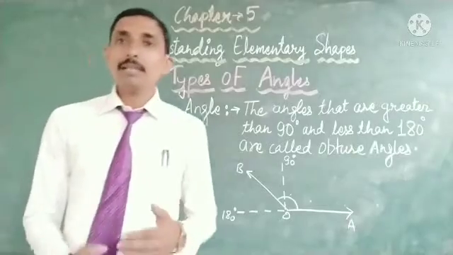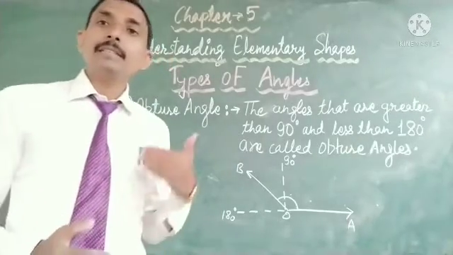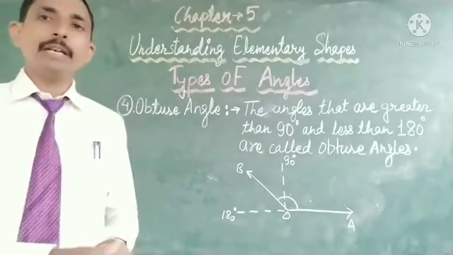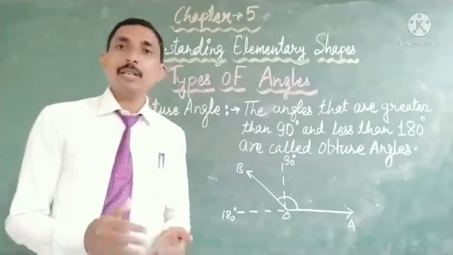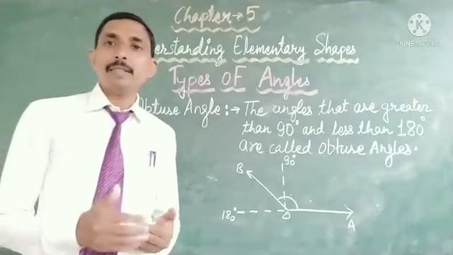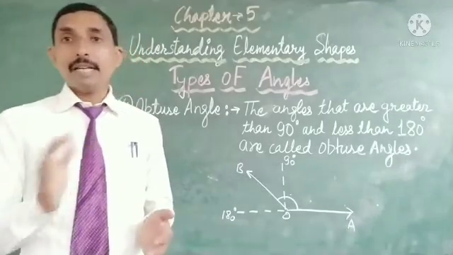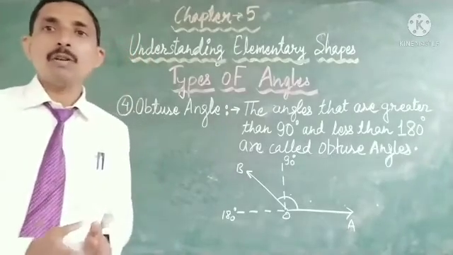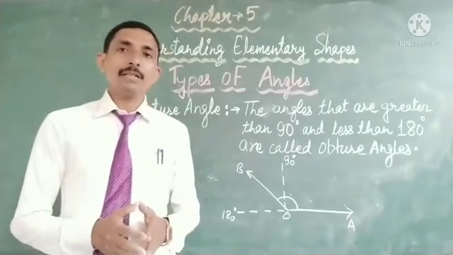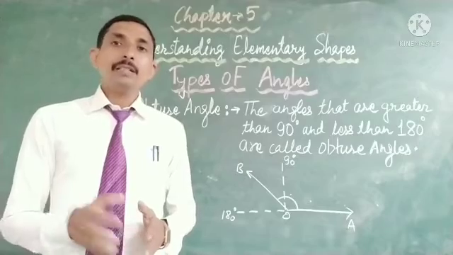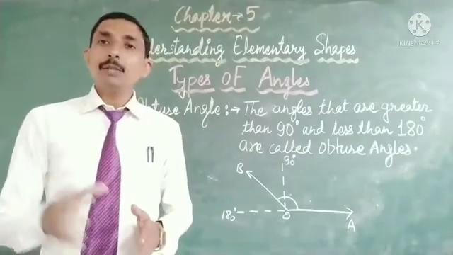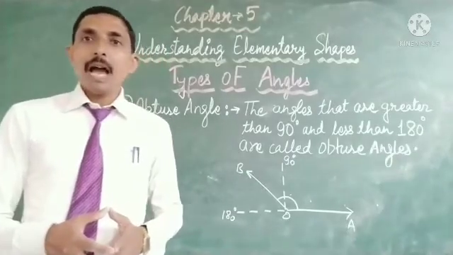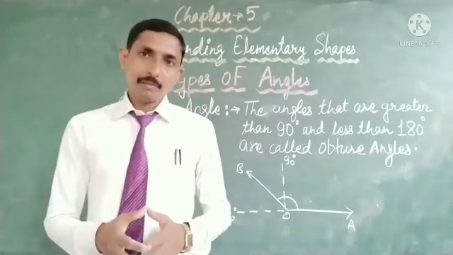Or we can say the angles that are greater than right angle and less than straight angle. Or we can say the angles that lie between 90 degree to 180 degree are called obtuse angle.